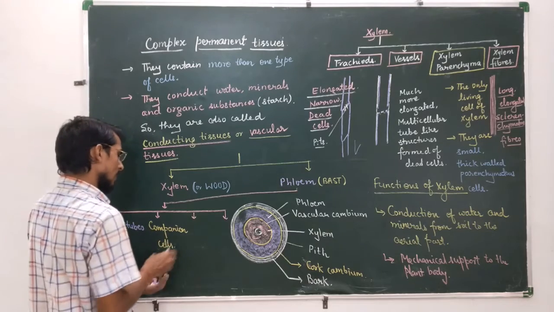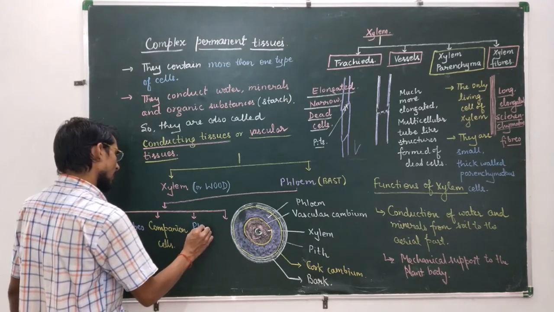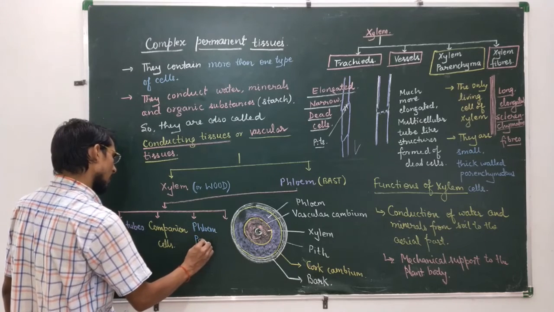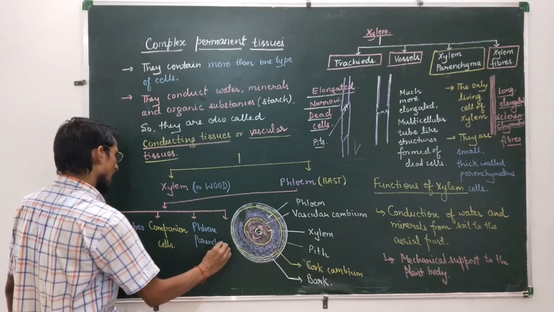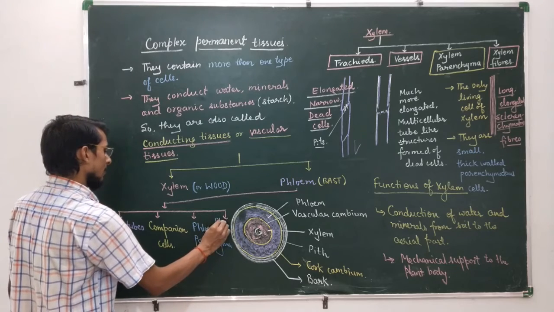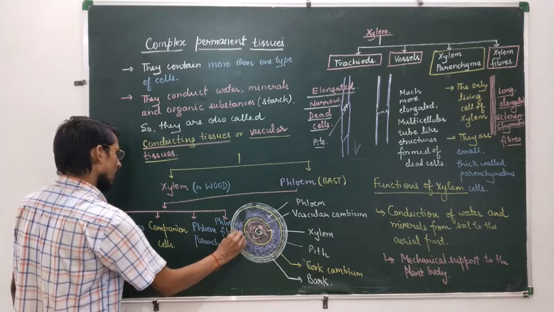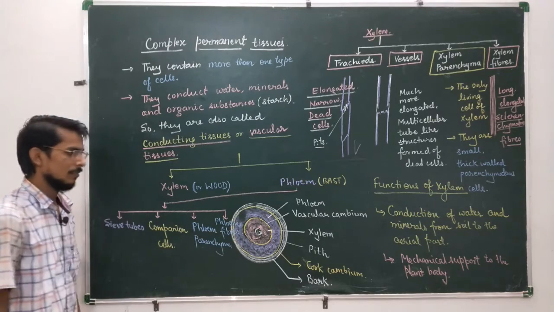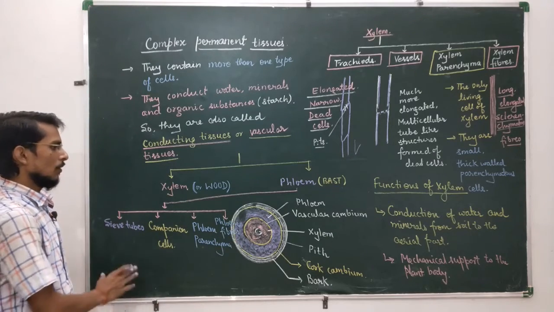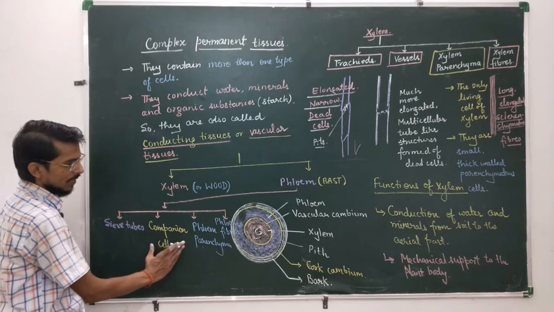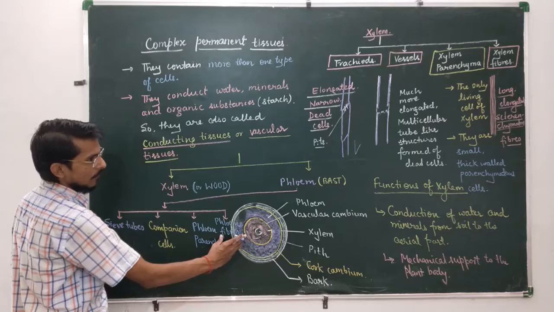Next is phloem parenchyma. And last one is phloem fibers. I think you are able to view this. So phloem also consists of 4 types of cells: sieve tubes, companion cells, phloem parenchyma and phloem fibers.